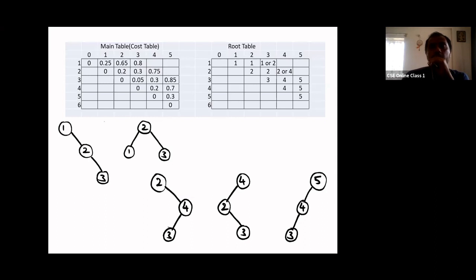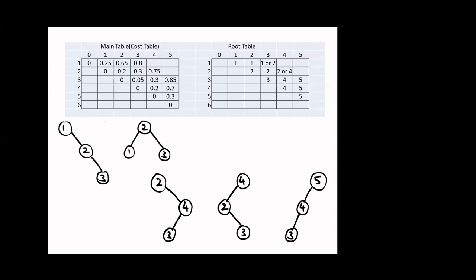For 3 to 4, you can check the root table: we have 4 as the root. So 4 will become the root of the right subtree. If 4 is the root of the right subtree, then 3 is left out. 3 is smaller than 4, so 3 has to come on the left hand side. Are you following? Yes, sir.